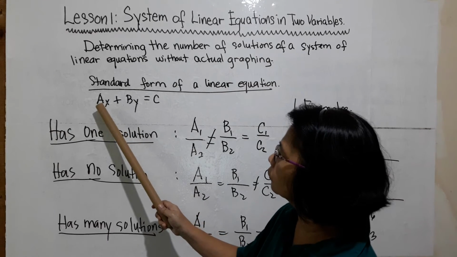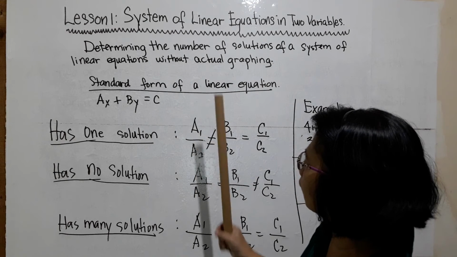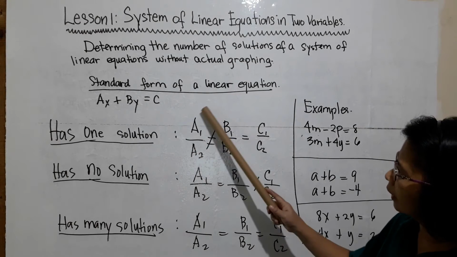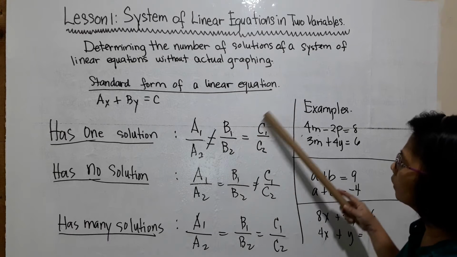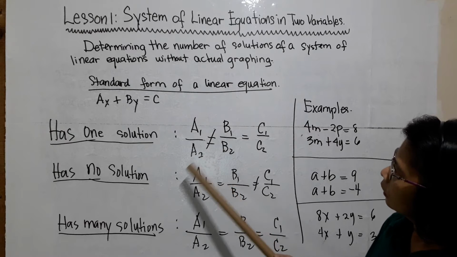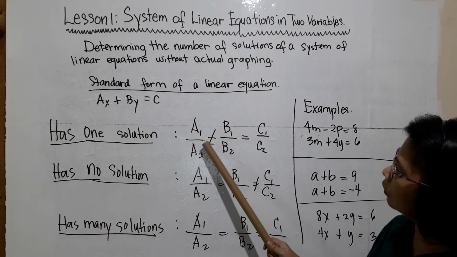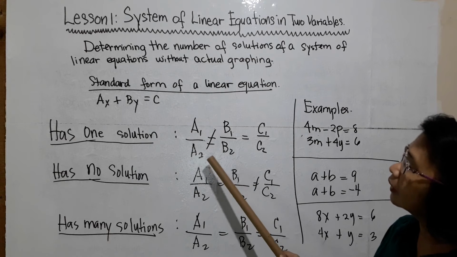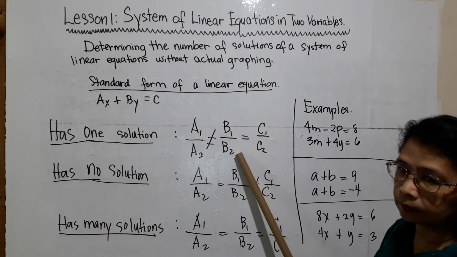Then we are going to get the ratio of the first equation in relation to the second equation. Look at this one. This is the ratio of the first terms, the ratio of the second terms, the ratio of the third terms, and so on. A system of linear equations has one solution if the ratio of the first terms is not equal to the ratio of the second terms.